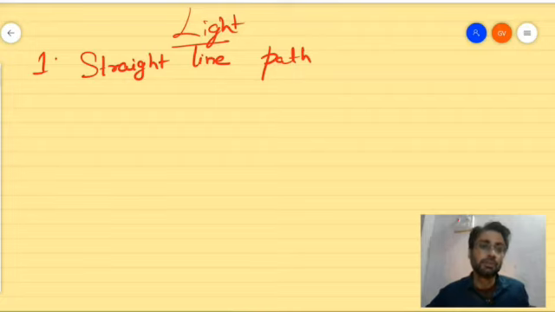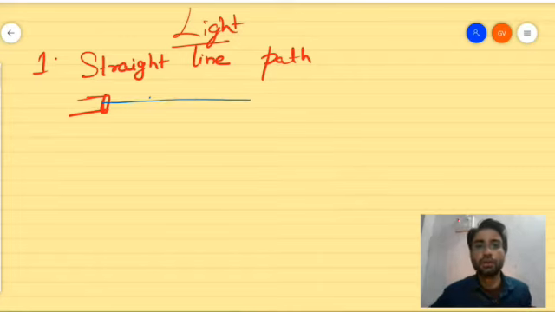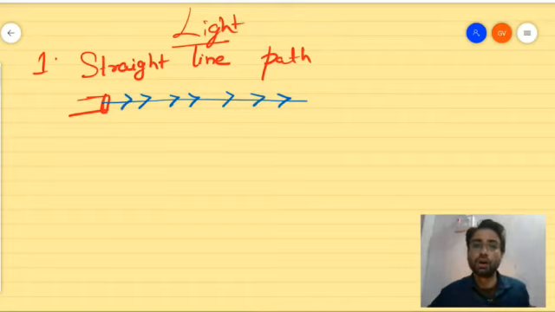That means if there is a source like an electronic torch, and light is coming out of this torch, it will always travel in a straight line path in a medium. So light always travels in a straight line path. That is one of the most important properties shown by light.